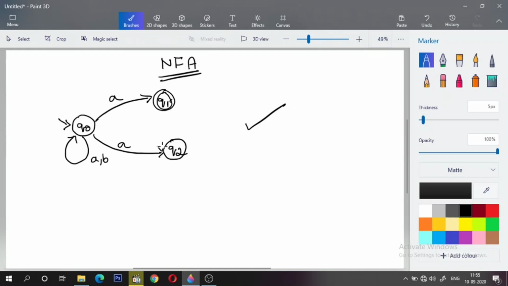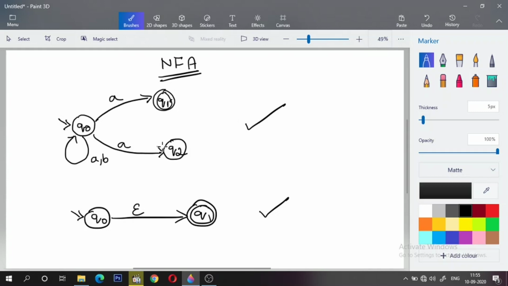One more major difference is, being in one state, let us name it Q0, when encountered with epsilon, I can make a transition to some state Q1. This is also totally fine. Epsilon transition was not allowed in DFA, and it is totally fine when it comes to the design of NFA.